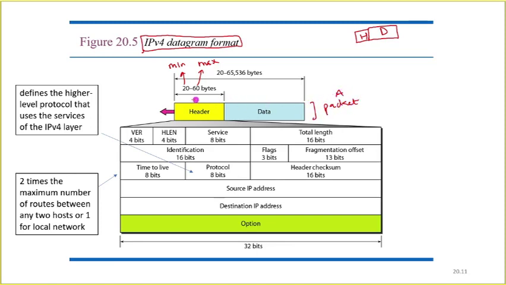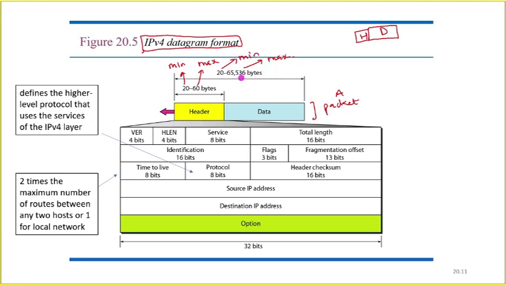One packet has a maximum size and a minimum size. The maximum is 65536 bytes, and this is the size of a packet in the IPv4 delivery mechanism.